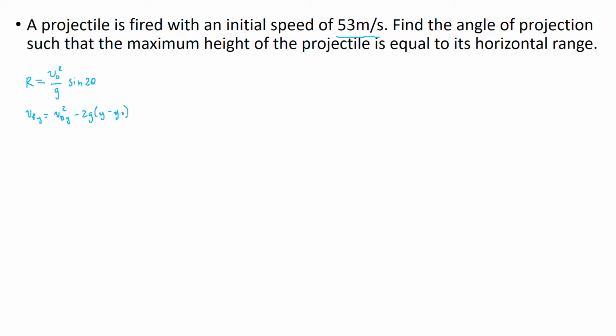Now, what happens here? We need to modify this one so we can have everything in terms of sines and cosines. So this formula is gonna turn into, at the highest point, final velocity is gonna be 0.